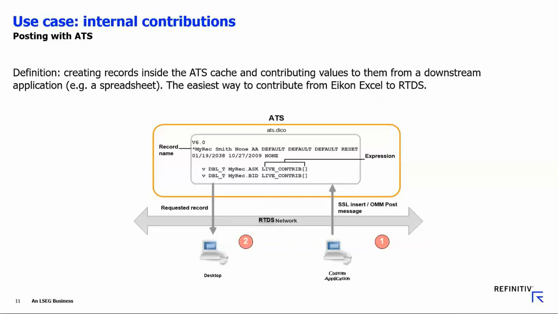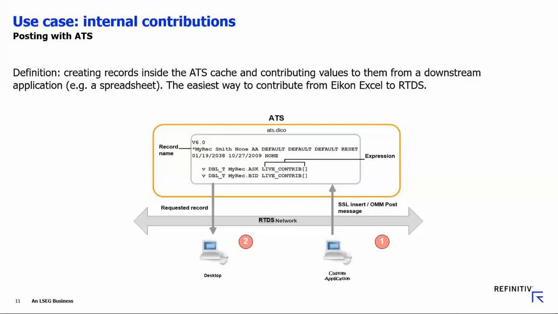Since ATS 1.4, you can use both OMM post and SSL insert messages. The following ATS commands can be sent with OMM post messages. This includes contribute values to existing contribution fields, create or delete contribution records and records from model, add and delete contribution fields, and lastly, delete contribution fields and records.